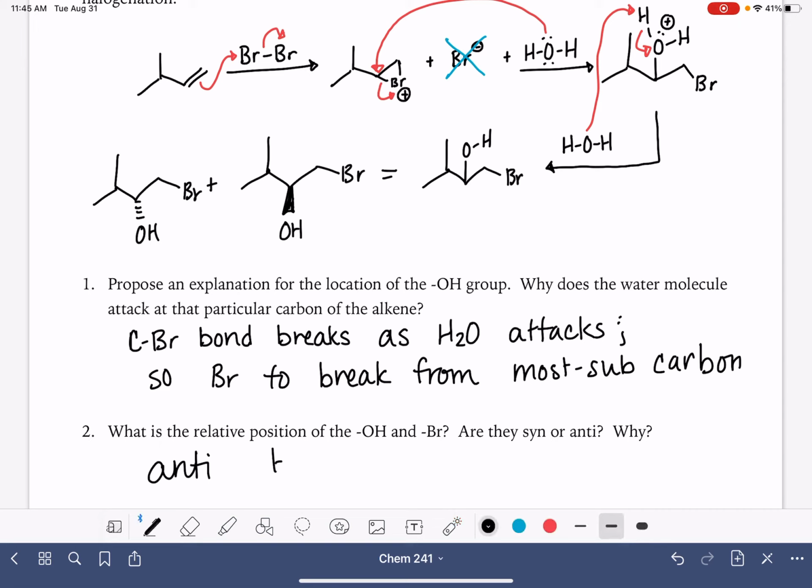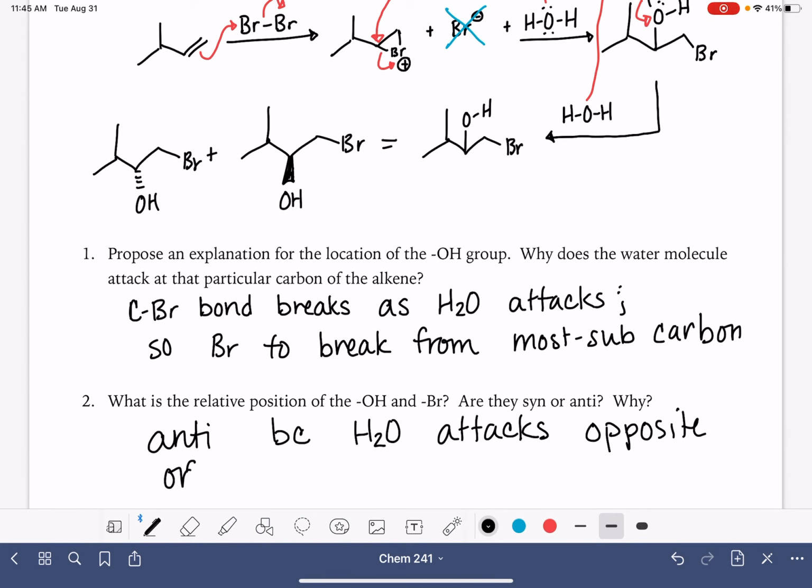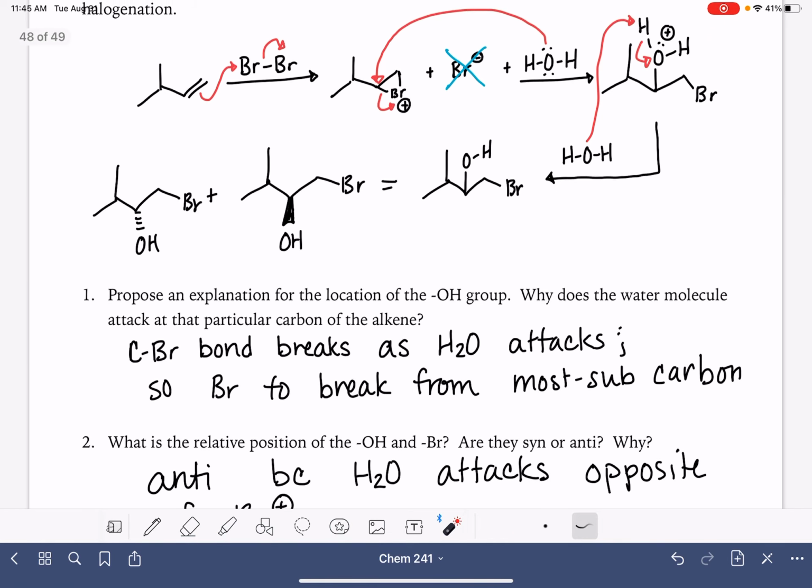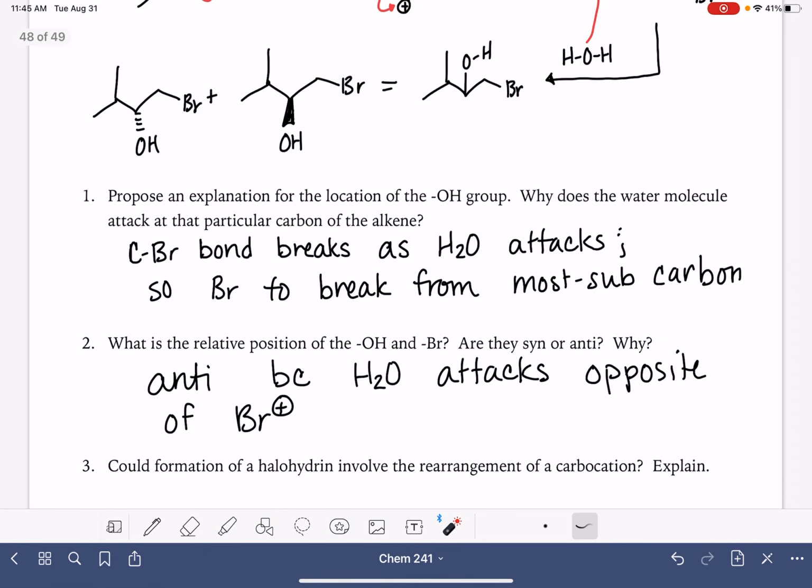And the reason for that is because the water molecule will attack from a position that is opposite of the bromine, the Br plus in our molecule. So wherever we have that Br plus, the water molecule is going to be coming in on the opposite side of it, or away from it. It's not going to be coming in on the same side and resulting in something that looks like this.